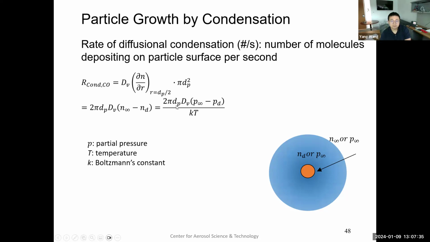You can see that it depends on the particle size: the larger the particle, the faster the condensation. It also depends on the diffusivity of the vapor, and on the concentration difference of the vapor between infinitely far away and at the surface of the particle or droplet, right?